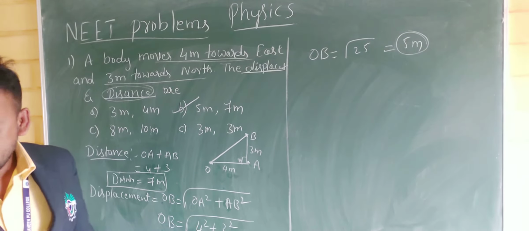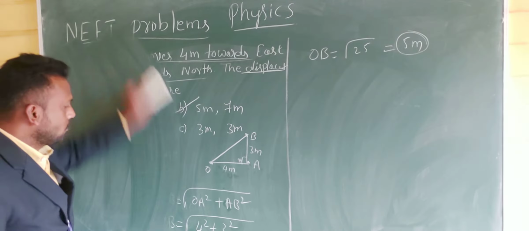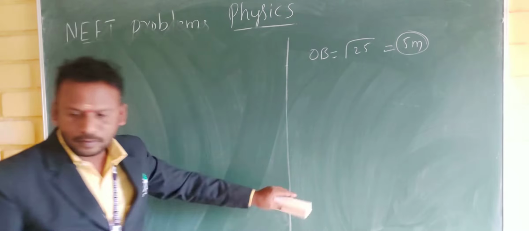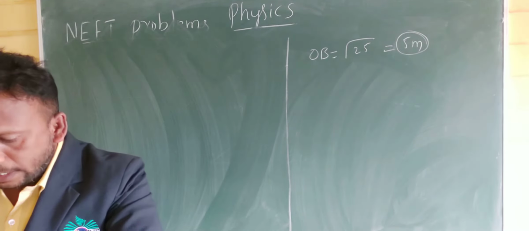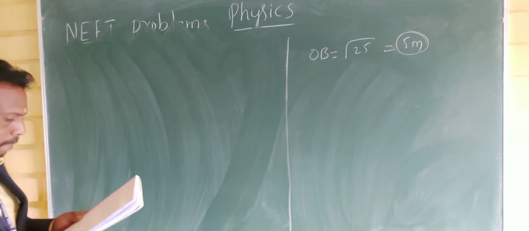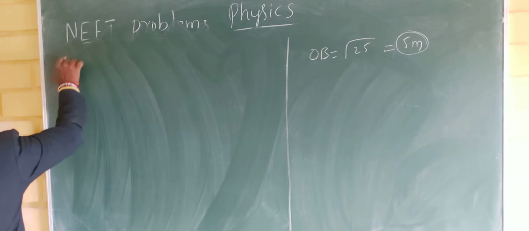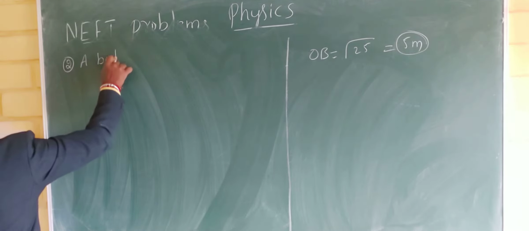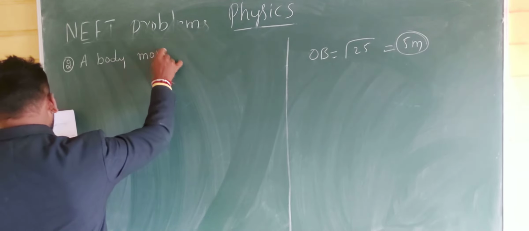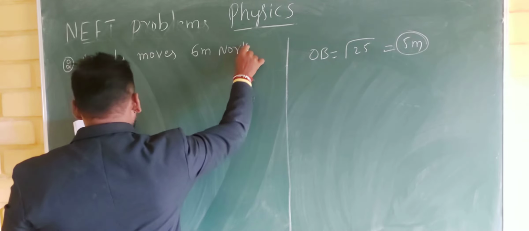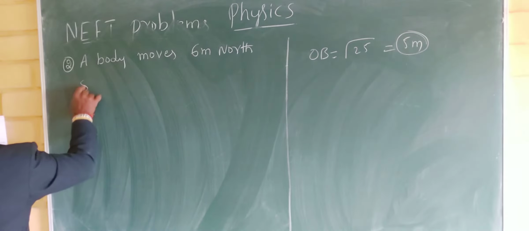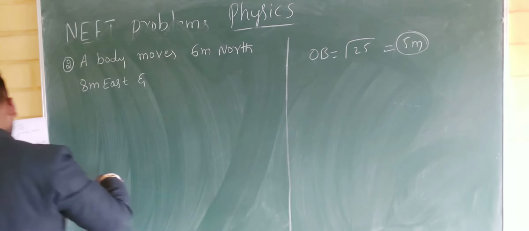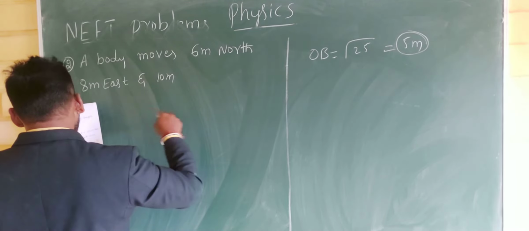Next question, question number 2. A body moves 6 meter north, 8 meter east and 10 meter vertically upwards.